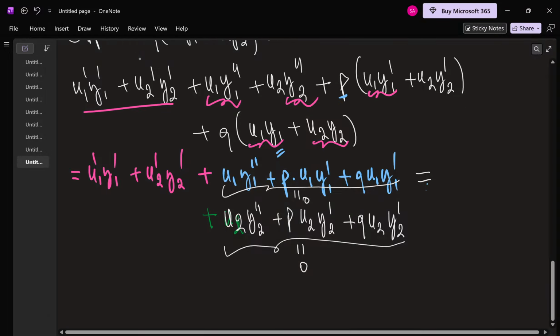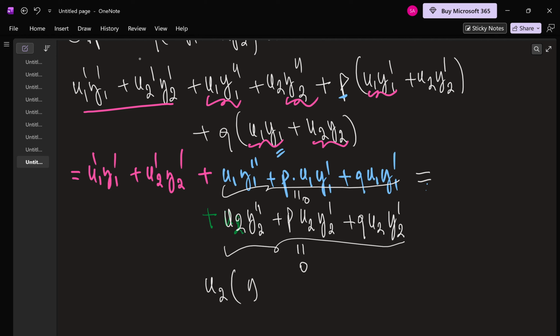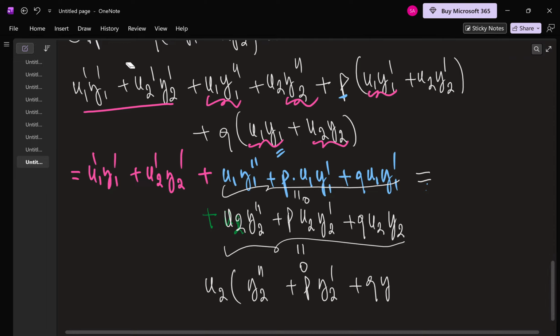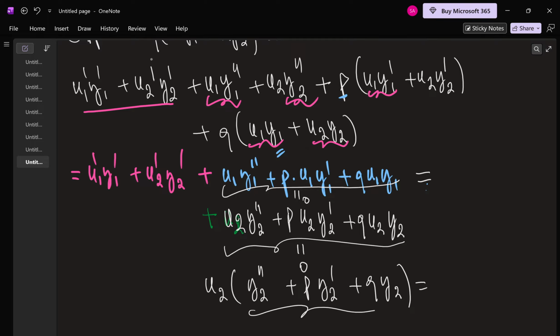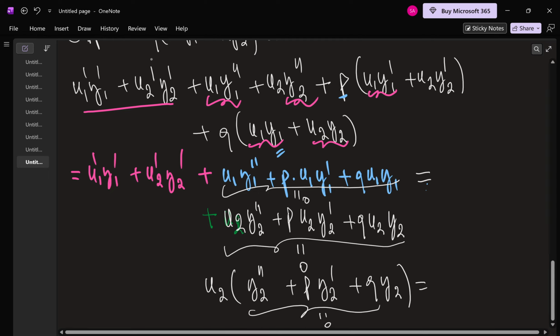Because, let me remind you, if you factor u2 here, it becomes u2 times y2 double prime plus p y2 prime plus q y2; here we don't have prime, this is a mistake, I have to delete this. And we know this is a solution to the homogeneous equation, so this is equal to 0. Same thing for the others.